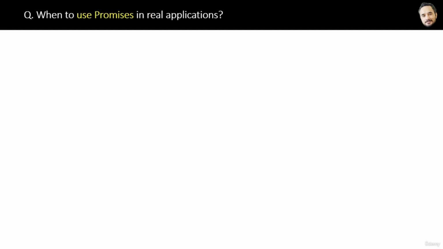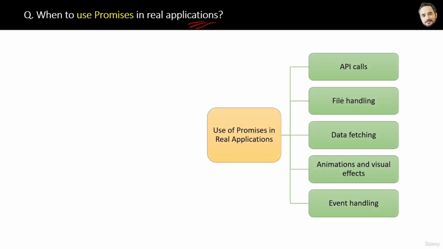When to use promises in a real application? All right, here are the cases when you can use promises in your applications: API calls, file handling, data fetching, animations and visual effects, and event handling. In short, wherever you want to manage asynchronous operations, you can use promises there.